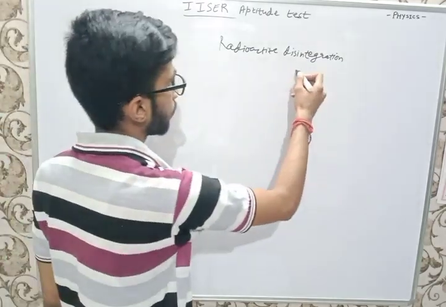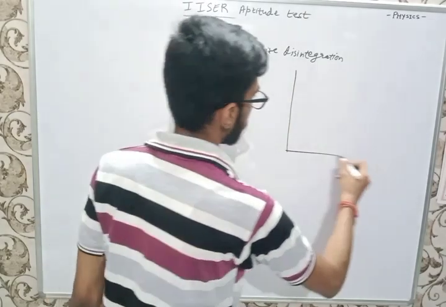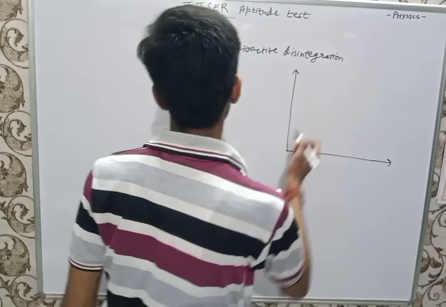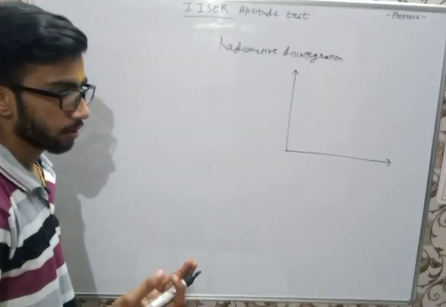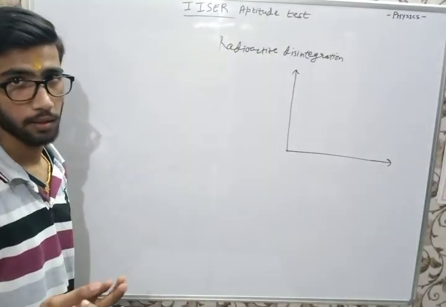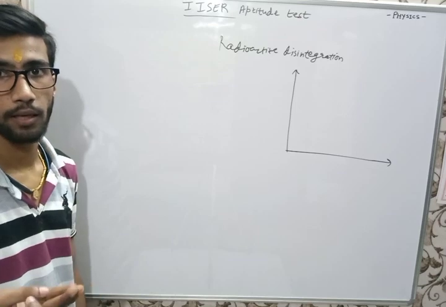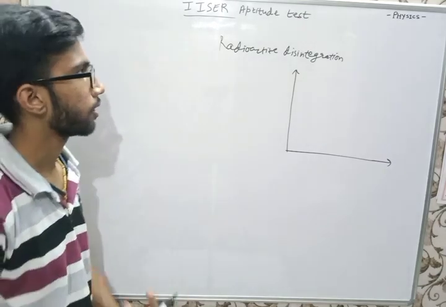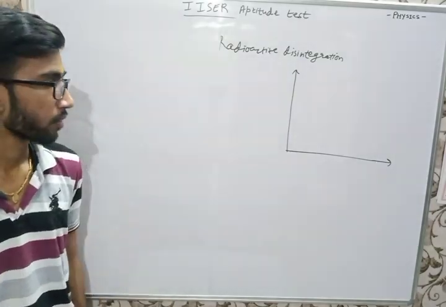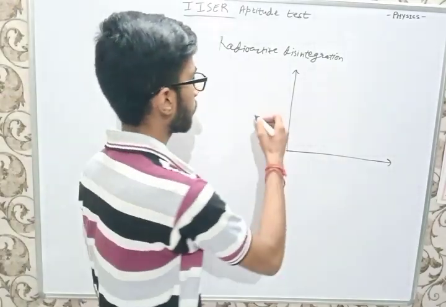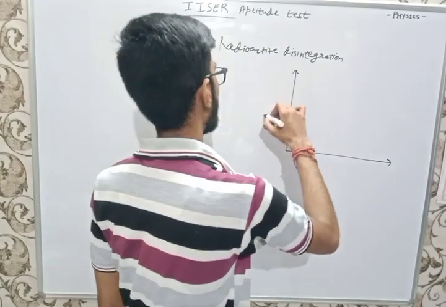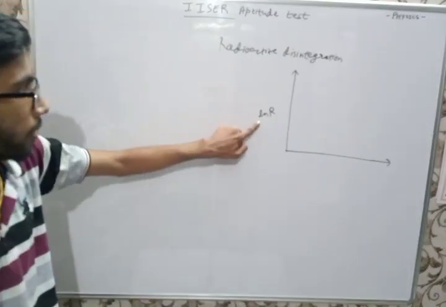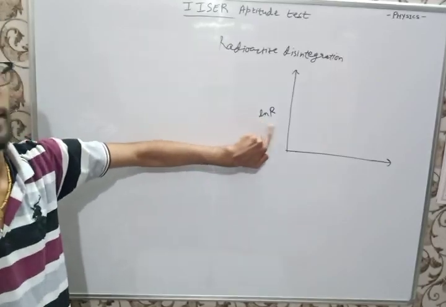There are some terms that you should know. One is activity, second is number of nuclei, half-life, mean life. These are some terms which are used in radioactive disintegration. In this problem, we have the value of ln R, meaning the natural logarithm of activity.